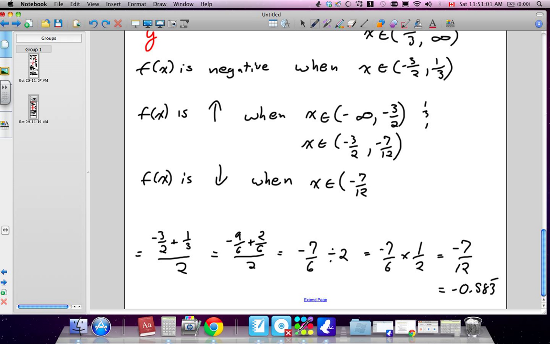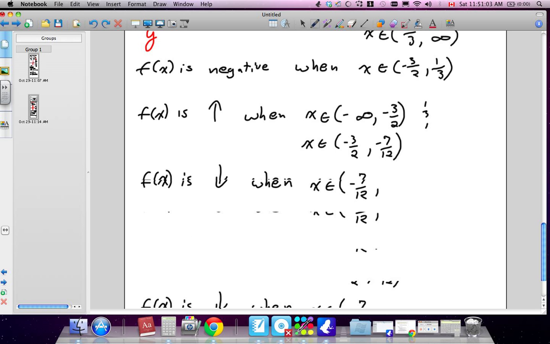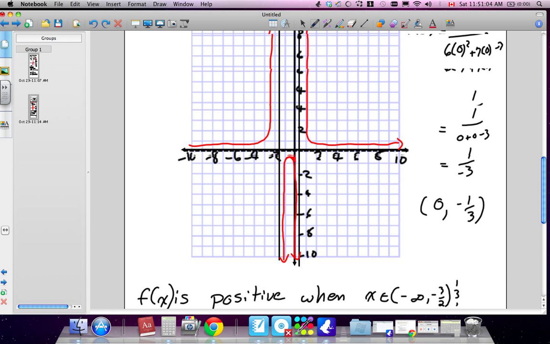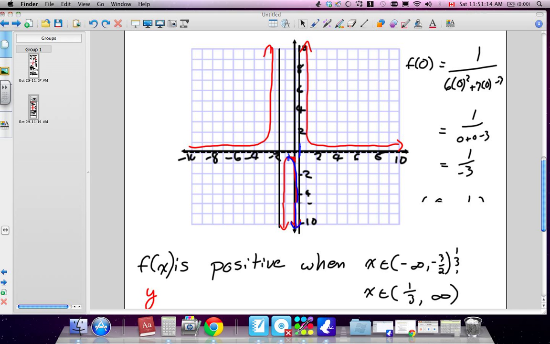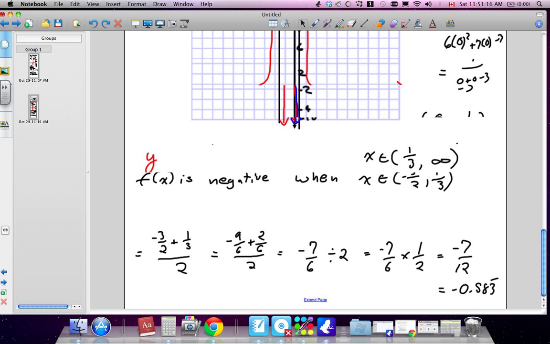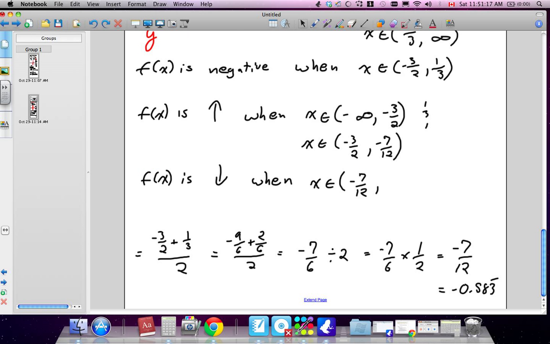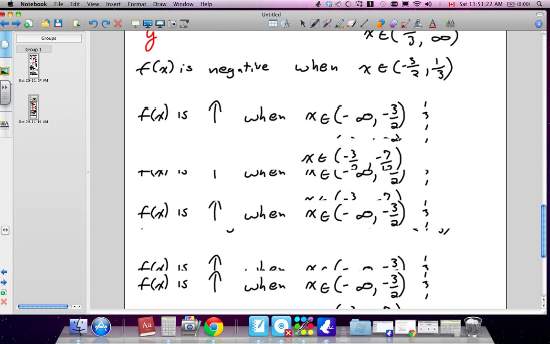We know it's from the vertex on, right? We're decreasing. So we know when we're going from negative 7 over 12, at this point, we're starting to decrease again, right? To what's our asymptote? A third? Yeah. Right? So we know from those two points, from the vertex to a third, we're decreasing.